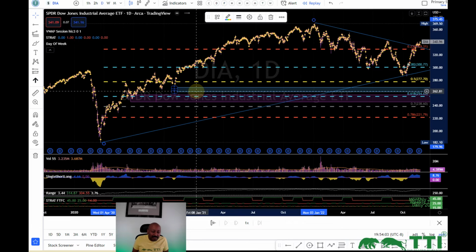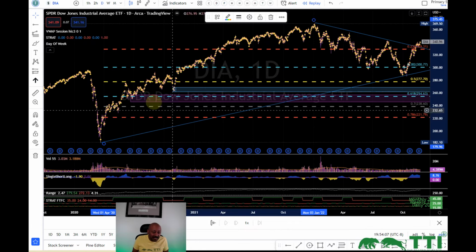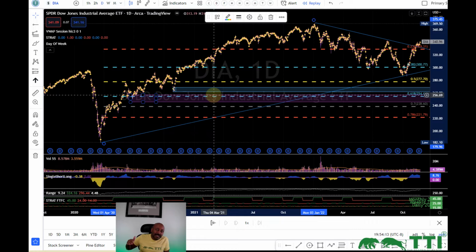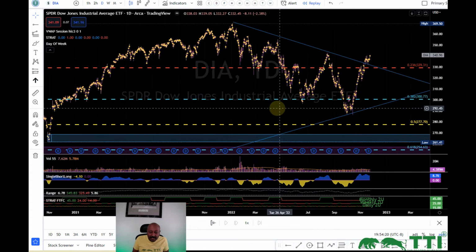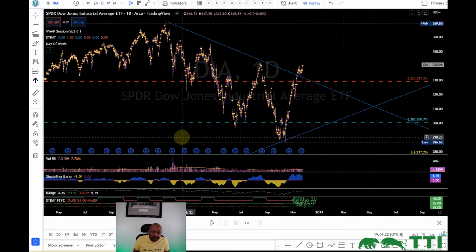Remind me next week we should really talk about these supply and demand zones. Those are another set of almost dynamic support resistance lines that we will add to our tool belt.